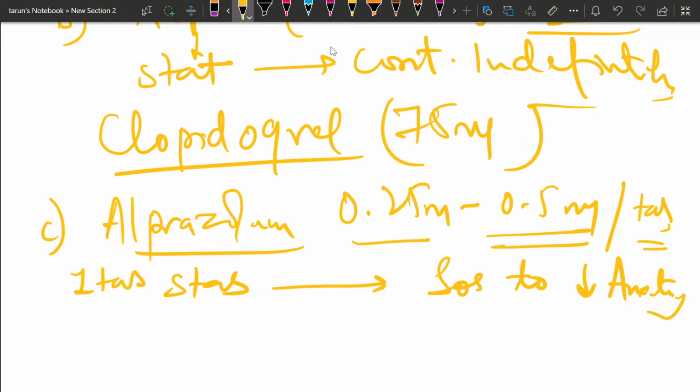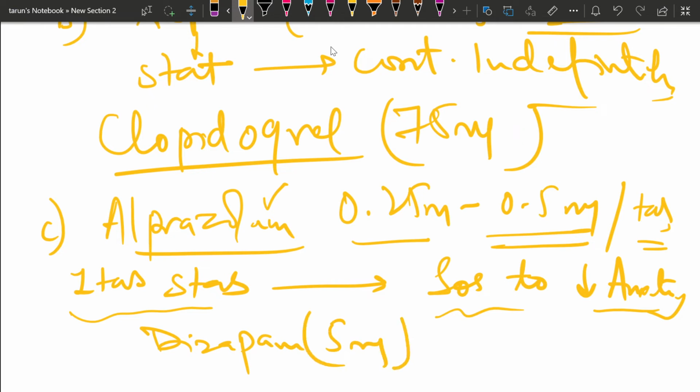A patient with chest pain most of the time has anxiety, so you relieve it with alprazolam. You can also try diazepam 5 mg tablet instead of alprazolam.